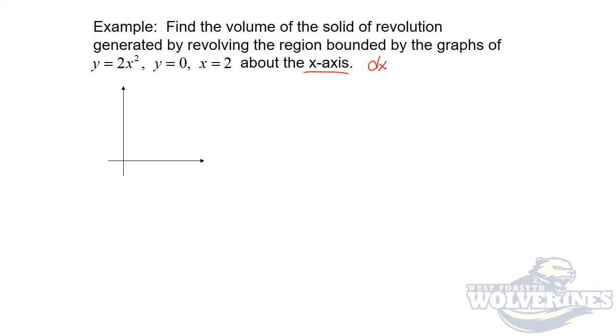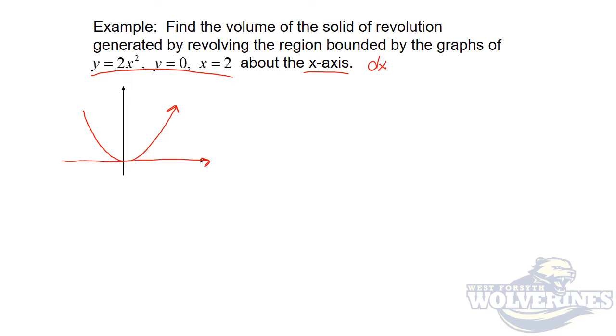Good news. Okay, so if I sketch the region bounded by these 3 curves, if I think about y equals 2x squared, that's a parabola that passes through the origin. It's been vertically stretched a little bit, but it's still just a parabola at the end of the day. Y equals 0, well, that's just the x-axis itself.